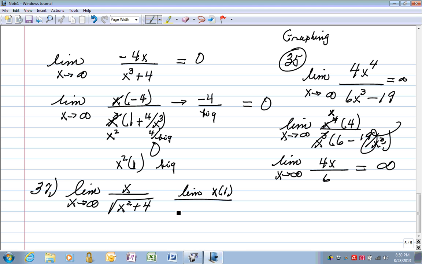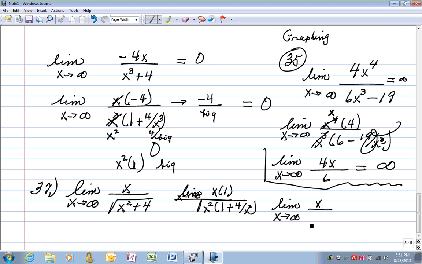Now, in the bottom, this is x going to infinity. In the bottom, you would have an x squared times 1 plus 4 over x squared under a radical. So this would give you the limit as x goes to infinity. Now, pay attention. You have an x at the top.